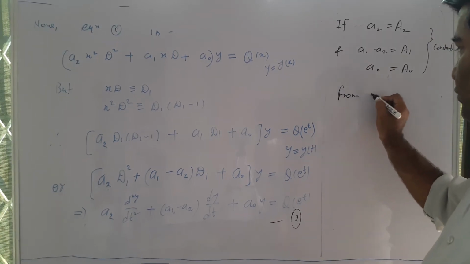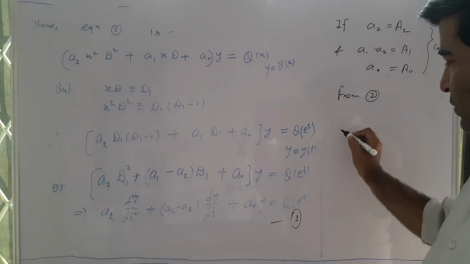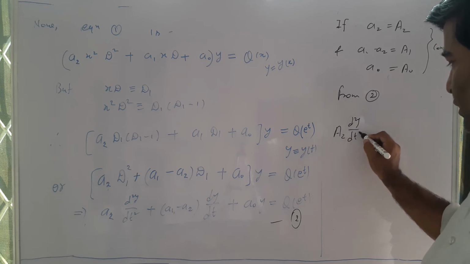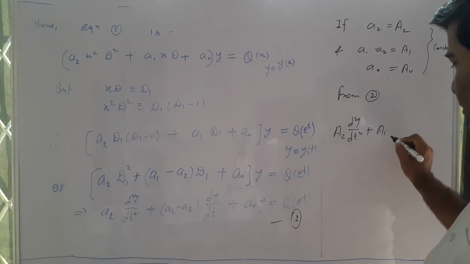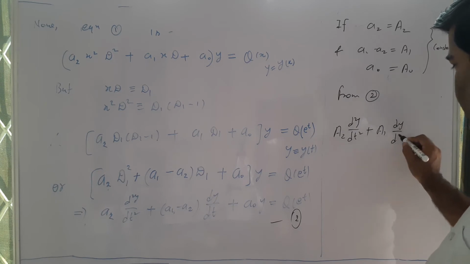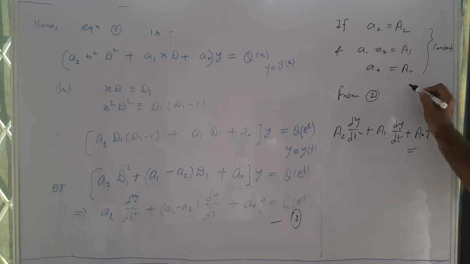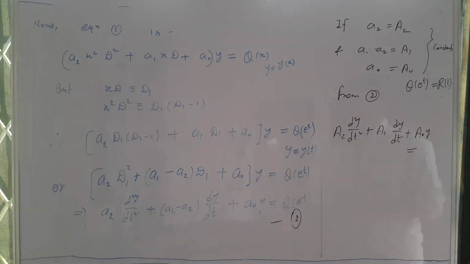So from 2 we can say that A2 d square y over dt square plus A1 dy over dt plus A naught y is equal to Q e to the power t, which is a function in terms of t.